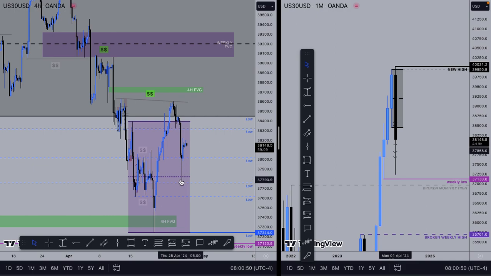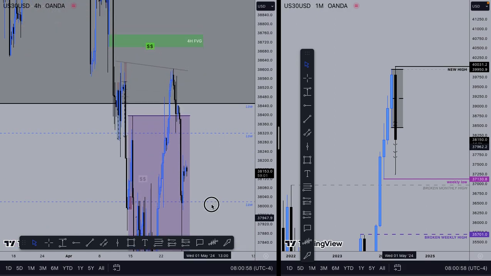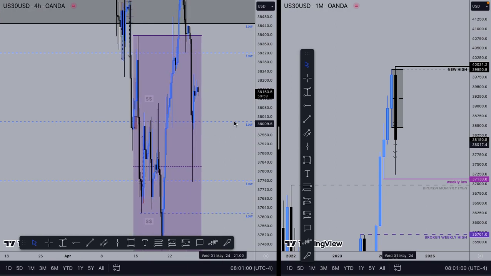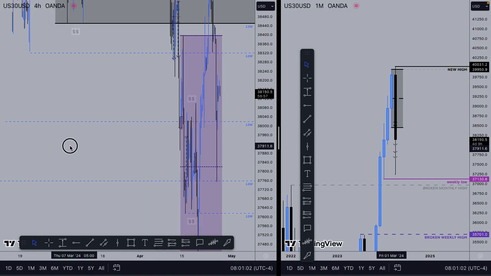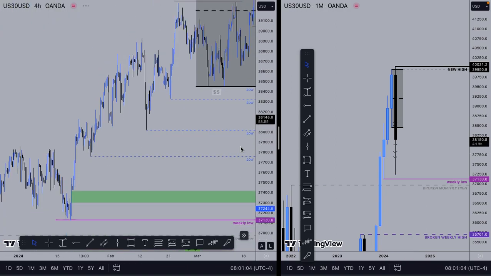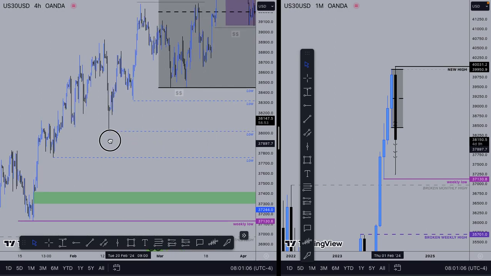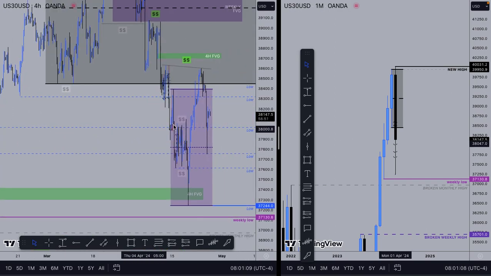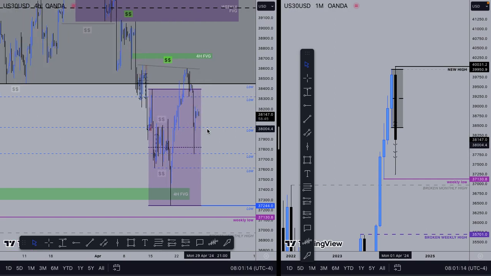We retested the 50%, which is this purple line right here. And then look at the type of reaction we got, as well as closing above this previous low that was broken on a daily. This low was taken previously. We traded below that, but now we came back and used that same low as support.